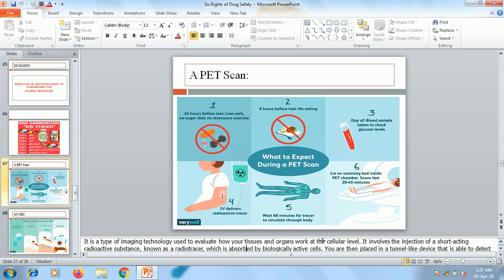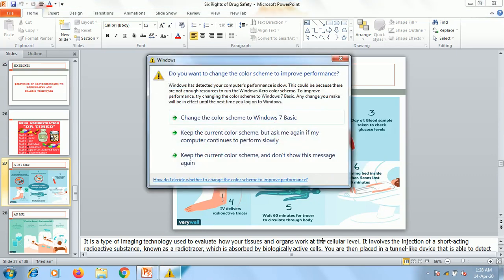The cell would definitely take a proper glucose uptake, and oxygen uptake will be proper. So this technique, the PET scan, actually sees how efficiently our tissues and cells are working. So how do we see that?